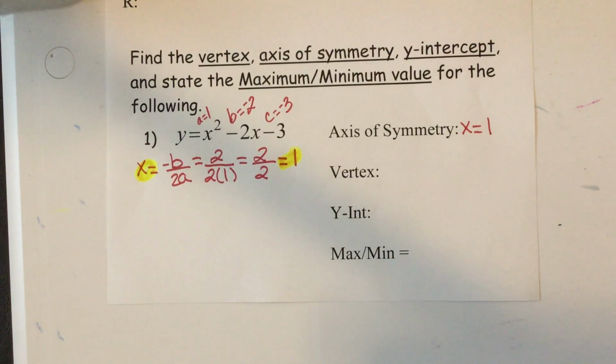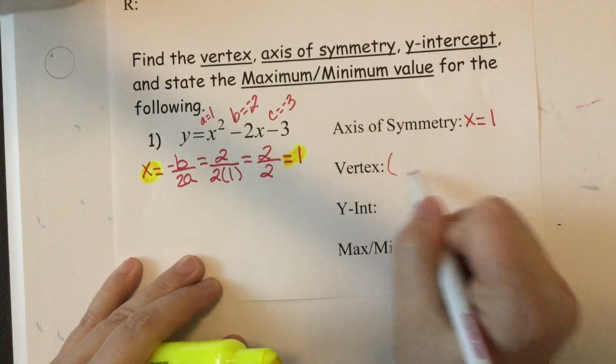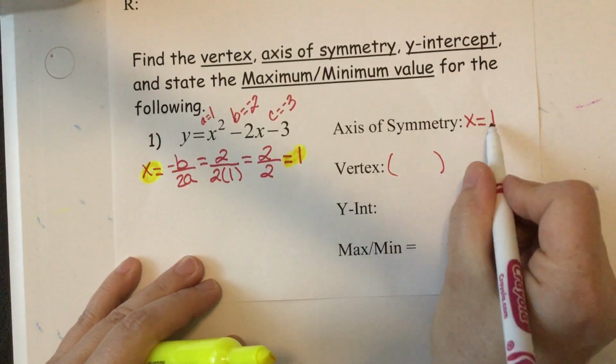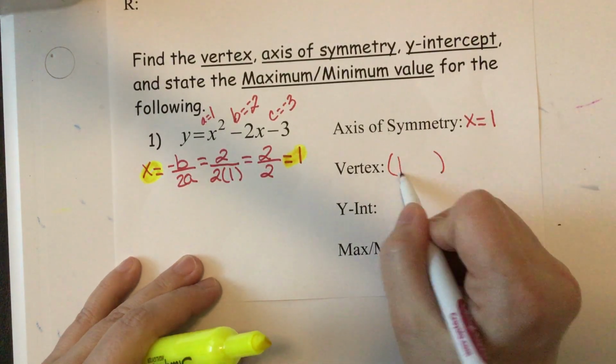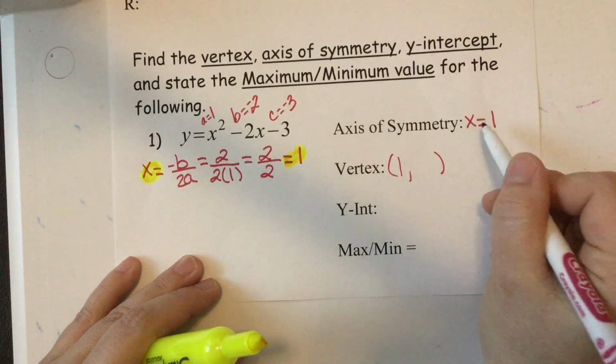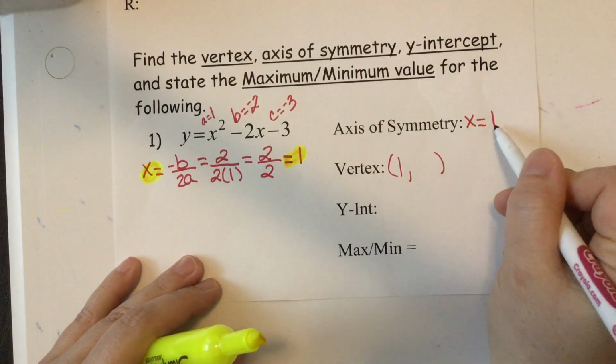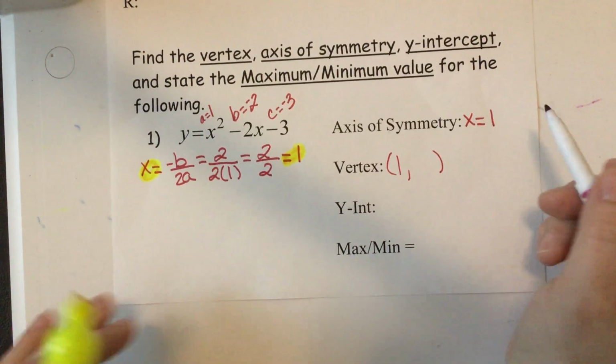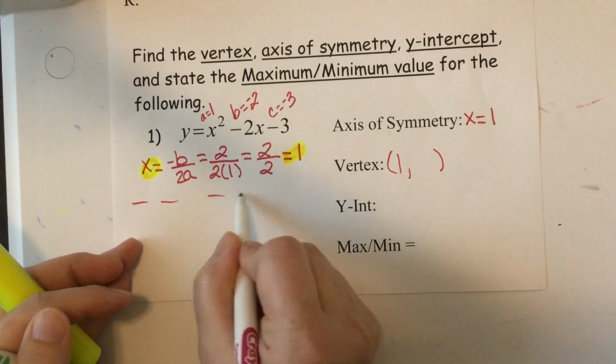Okay, the vertex. Do you remember what you know? Whatever you get for the axis of symmetry, that's the X coordinate to your vertex. If this is a 2, this is a 2. If this is a 20, this is a 20. If this is an 8, this is an 8. And now we use some common sense.